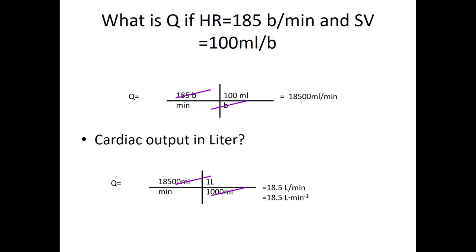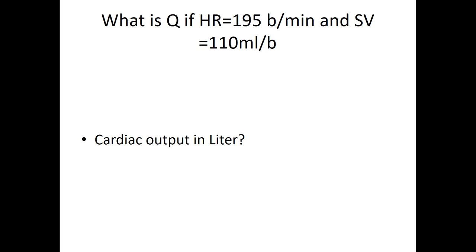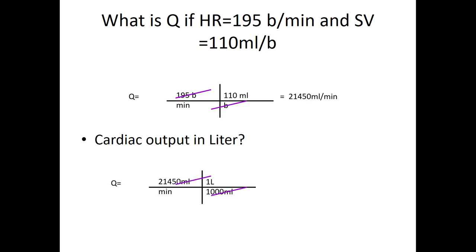During exercise, you can get this amount of blood, 18.5 liters per minute. So it's really good. Let's calculate again. If someone can increase heart rate to 195, wow, and stroke volume is 110, please calculate cardiac output. Yeah, 21.45 liters per minute. So if you are trained and can exercise hard enough, you can get that amount of blood to your exercising muscles.